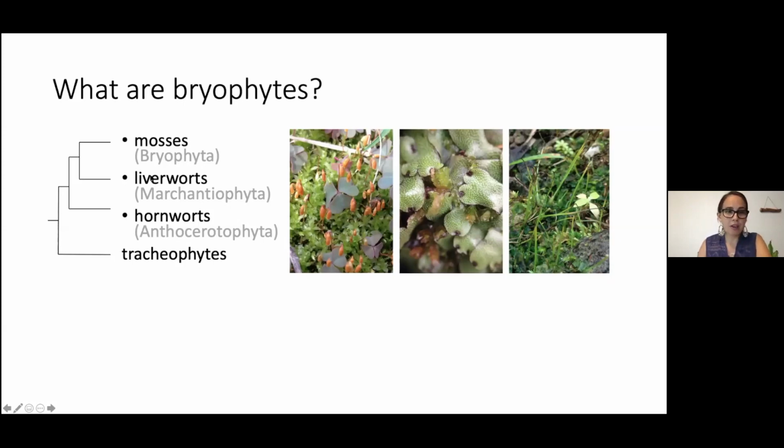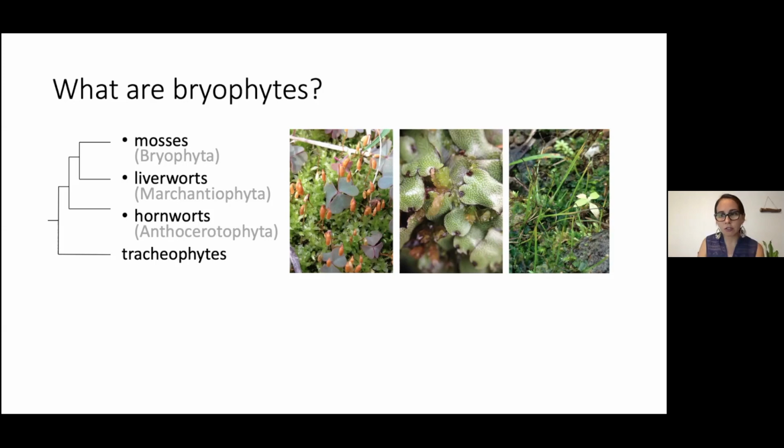So what are bryophytes? Well, they are small plants, and when we talk about bryophytes, we talk about these three groups of plants known as the mosses, the liverworts, and the hornworts. And currently, they are thought to be sisters to each other, so they are related. And they are also related to Tracheophytes.